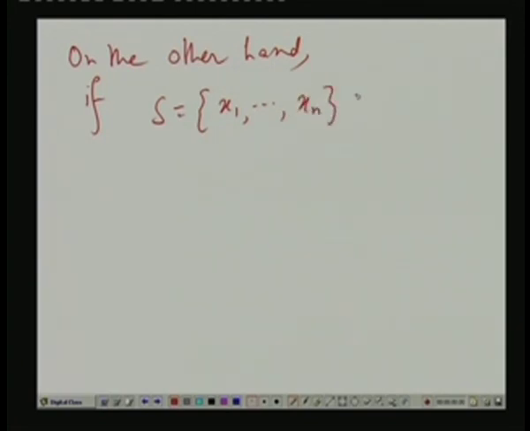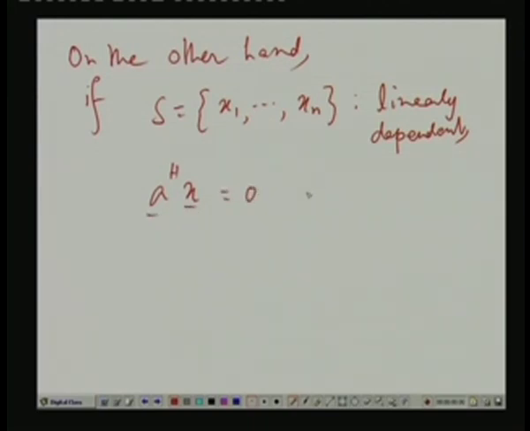On the other hand, if this set is given to be linearly dependent, then we can say that we can find something like this: some A Hermitian x equal to 0.